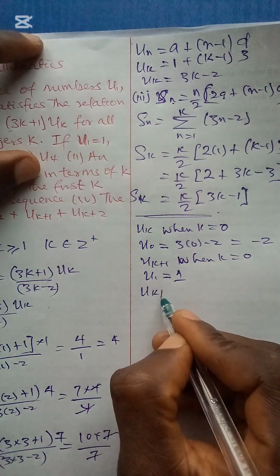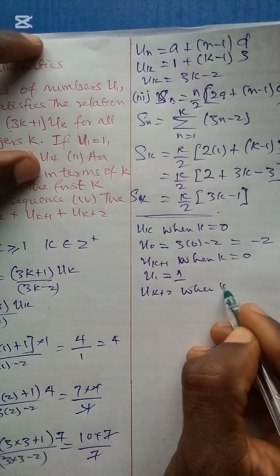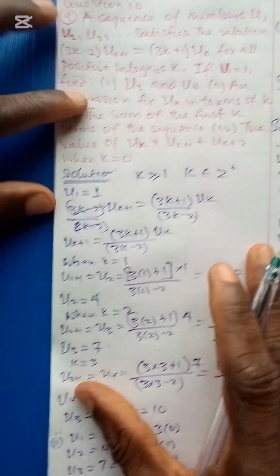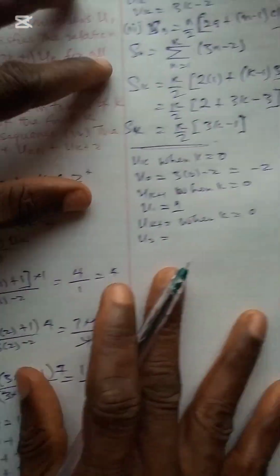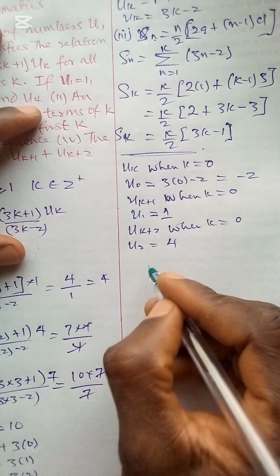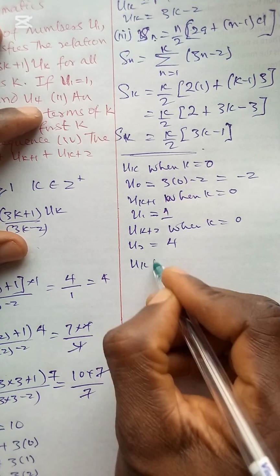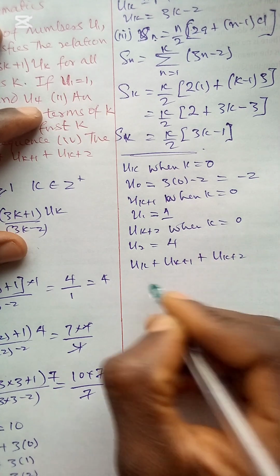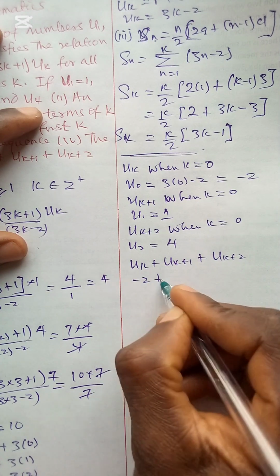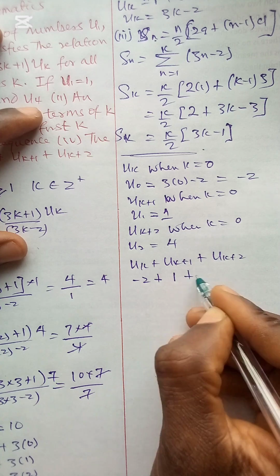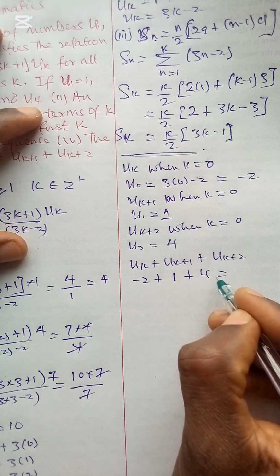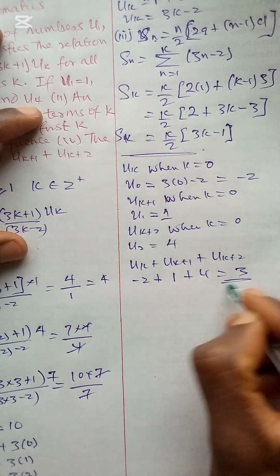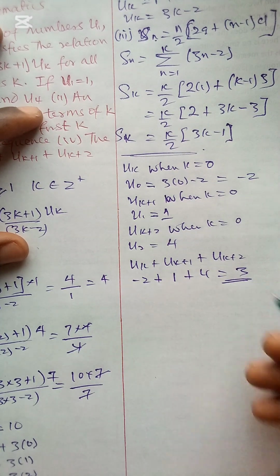Now U(k+2) when k is 0 is U2. Our U2 is calculated as 4. So I'll put 4 here. So let's sum them up. So Uk plus U(k+1) plus U(k+2) will now give us minus 2 plus 1 plus 4. And when we add them together, we are going to get 5 minus 2, which is 3. So this is now the answer.